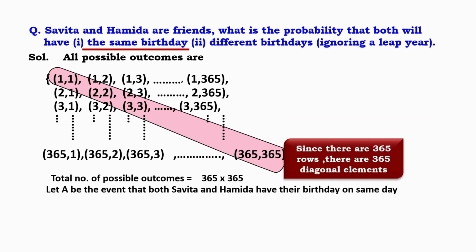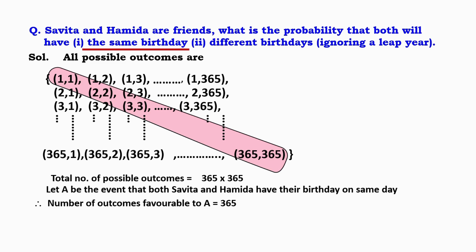Since there are 365 rows and 365 diagonal elements, the number of outcomes favorable to A is equal to 365. So the probability of event A is the number of favorable outcomes to A divided by the number of total outcomes.